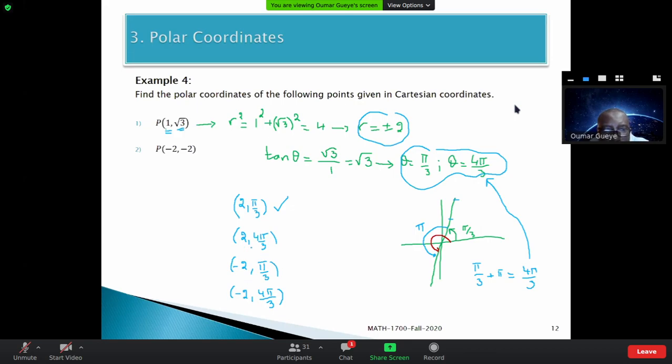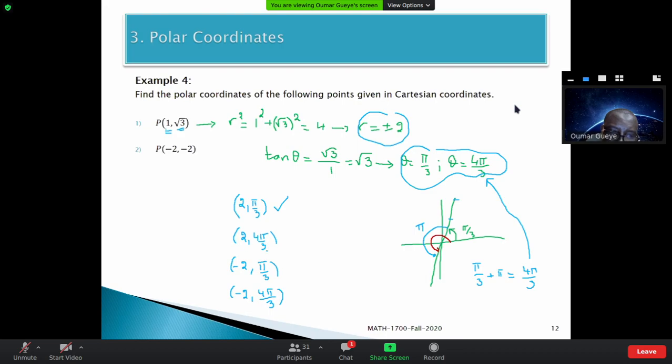And what about the second case? Exactly. You guys can see here 4 pi over 3 is here in the third quadrant. And in the third quadrant, I told you the point should be here if r is positive. If r is negative, it's going to be here. But you see, this value is in the third quadrant and r is positive.